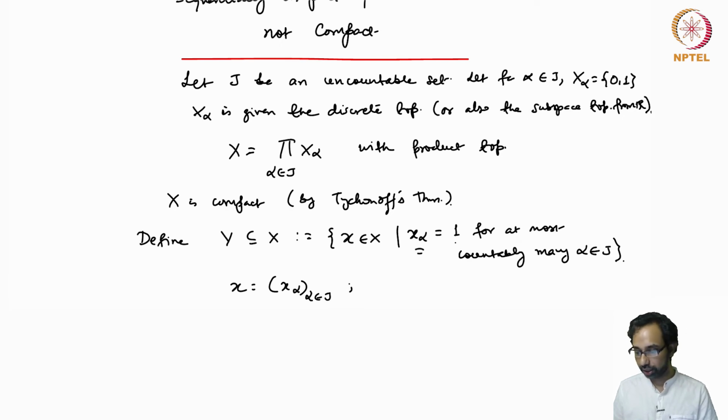So J is uncountable, but we want 1 to appear only countably many times, and the collection of these J-tuples gives you the subspace Y.